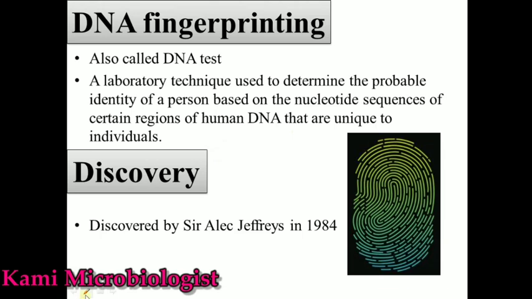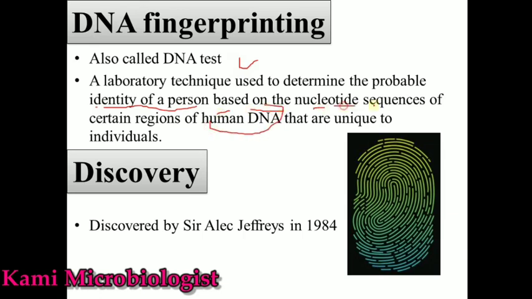First of all, let's start with the introduction of DNA fingerprinting. Remember guys, DNA fingerprinting is also known as the DNA test. It is actually a technique by which we can identify a person's identity. How? Using the human DNA.